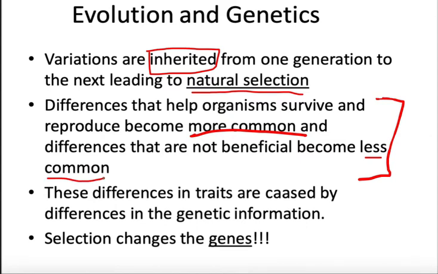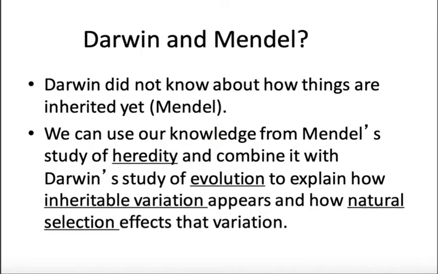It's those differences in traits that we need to understand are caused by differences in the genes of the organism. So when an organism survives or doesn't survive, it's really based on the genes that that organism contains within their cells. The understanding that selection changes the genes is definitely a newer idea.